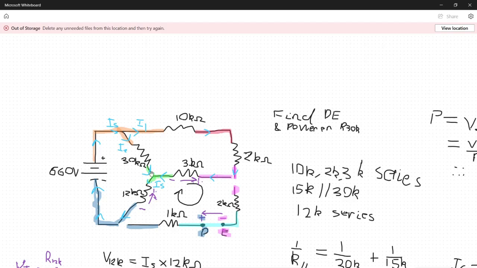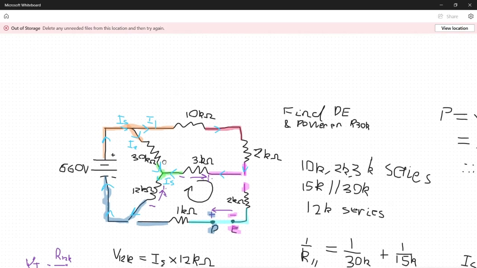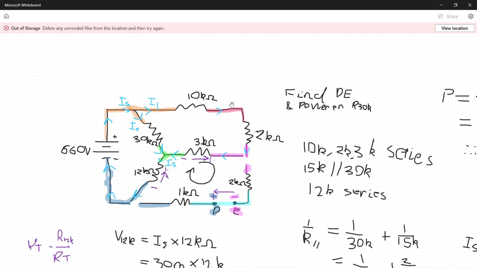So, we're going to look at this 30 kilo ohm and say, okay, we know what I1 is now, we know what the I source is. Is there a way to calculate the voltage across here?